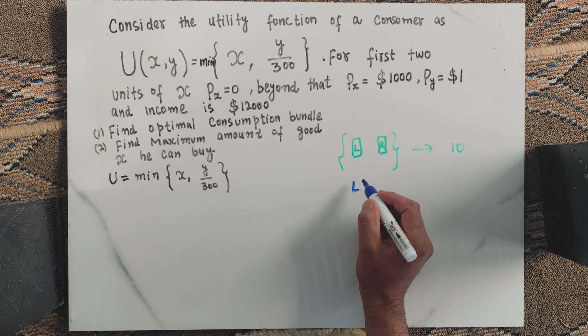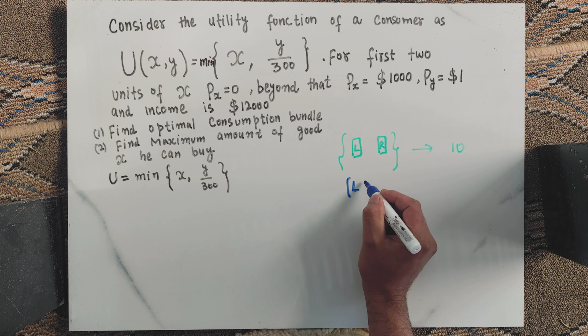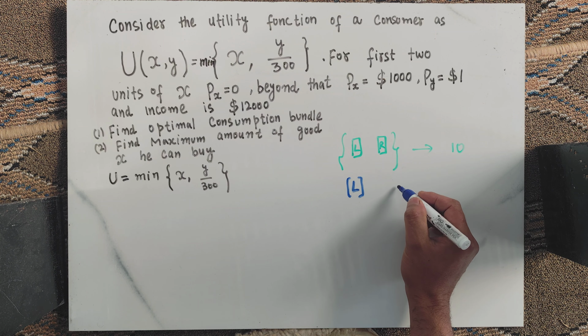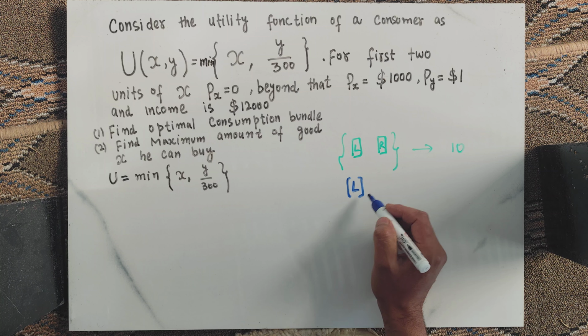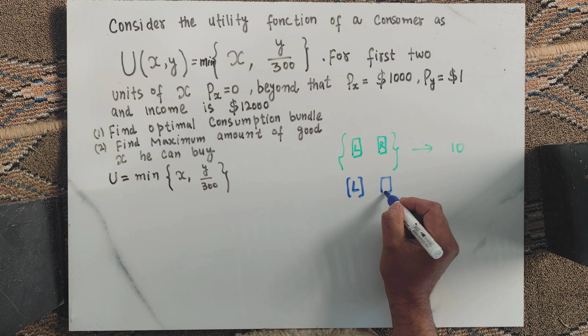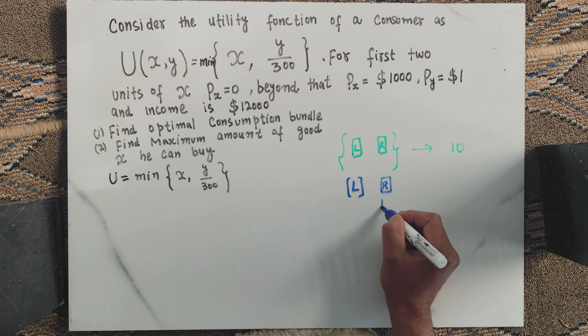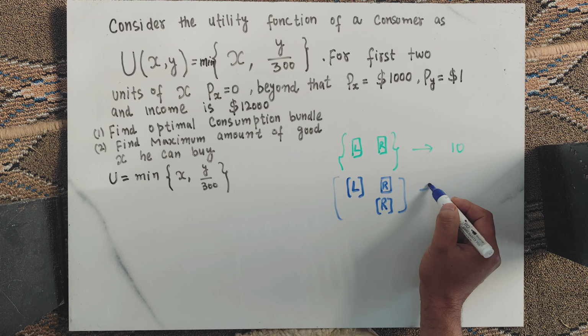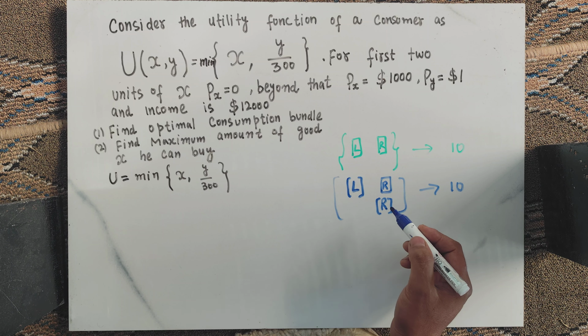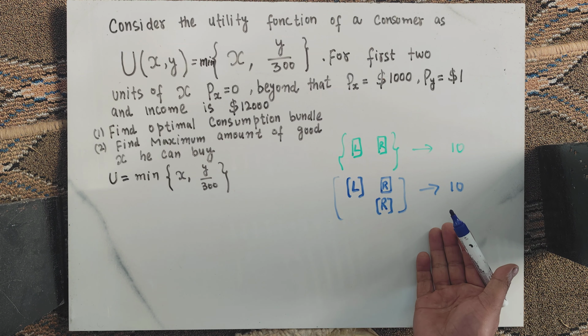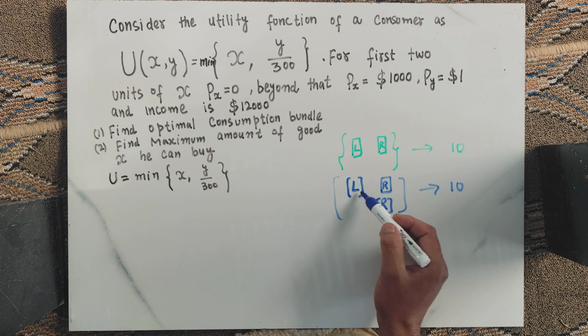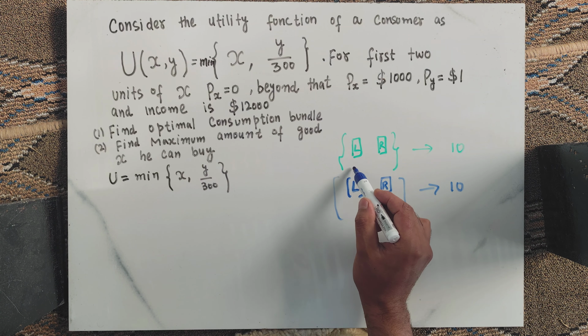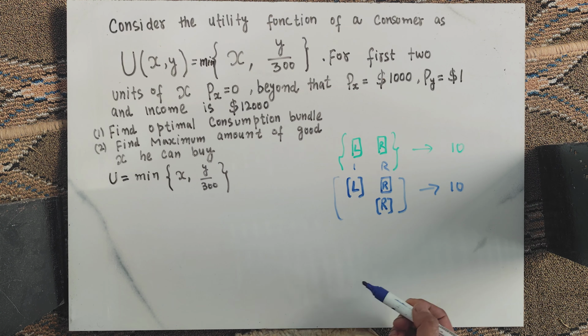If the consumer purchases one left shoe and two right shoes, again his utility will be 10, because this extra right shoe will not give him any satisfaction, because he consumes goods in a fixed proportion. That means one left shoe and one right shoe.